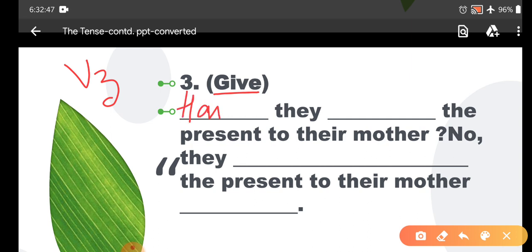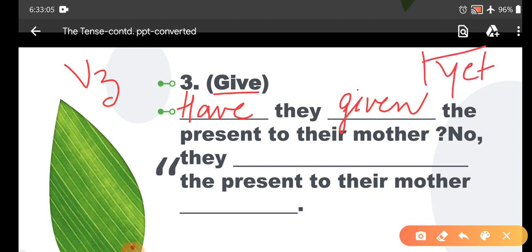Have they given the present to their mother? No. So we are saying a negation. We are putting a negative answer. So children, what should be placed here? We discussed previously. We are going to put a yet.